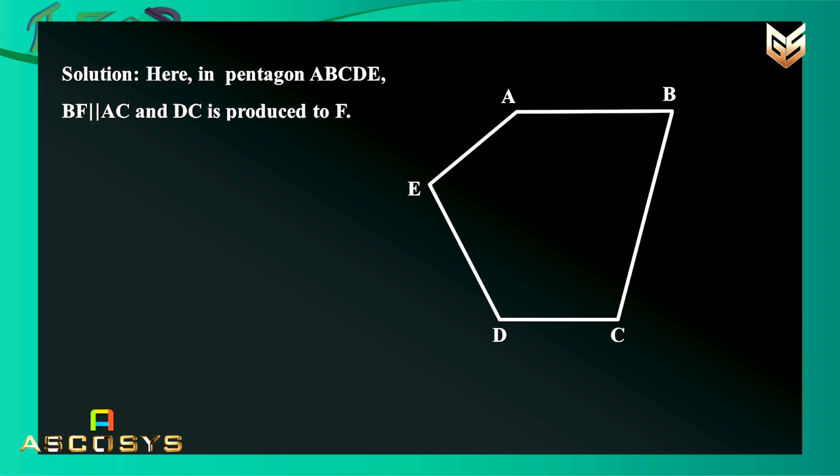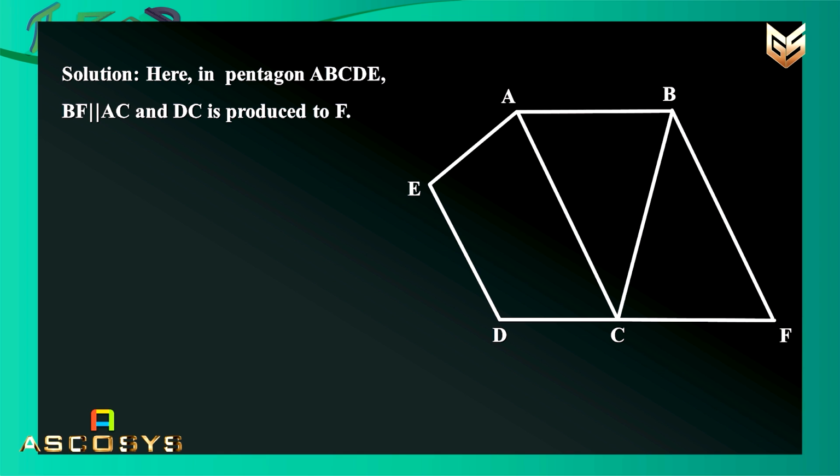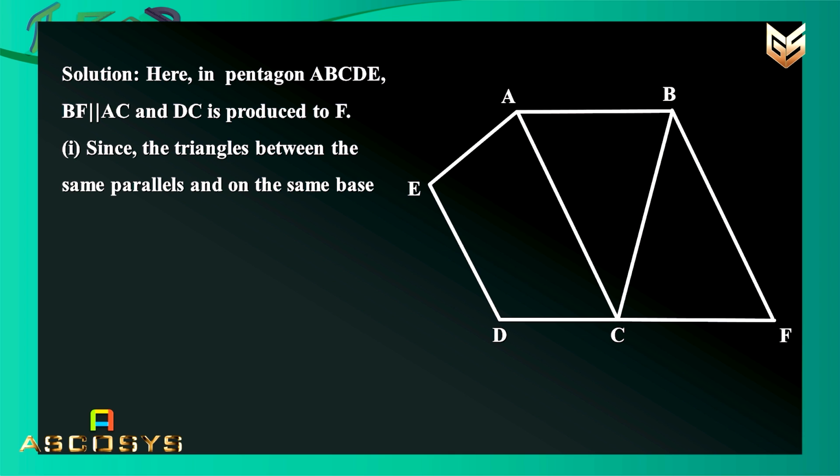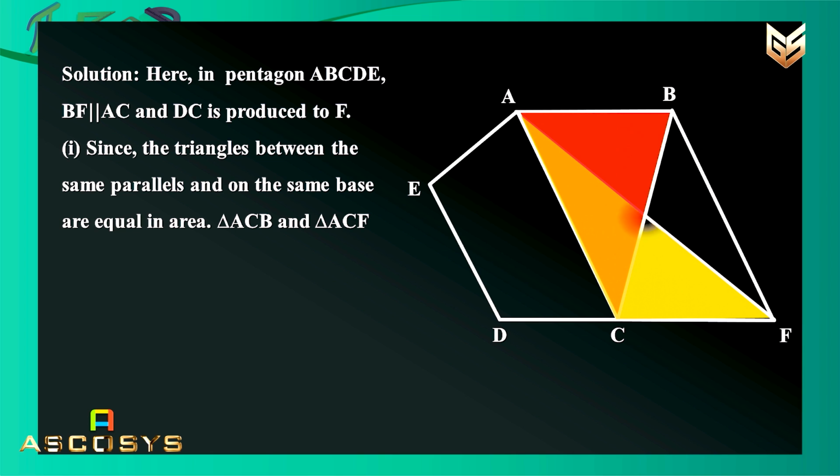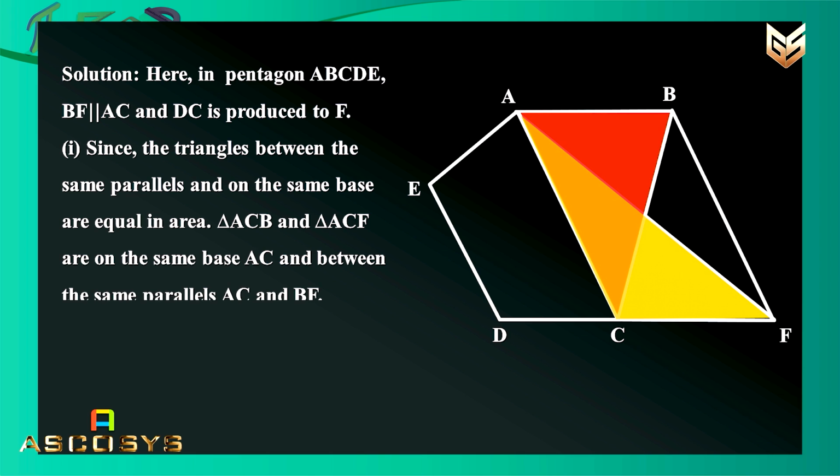So here in the pentagon ABCDE, BF is parallel to AC and DC is produced to F. For question number 1, since the triangles between the same parallel and on the same base are equal in area, triangle ACB and triangle ACF are on the same base AC and between the same parallel AC and BF.